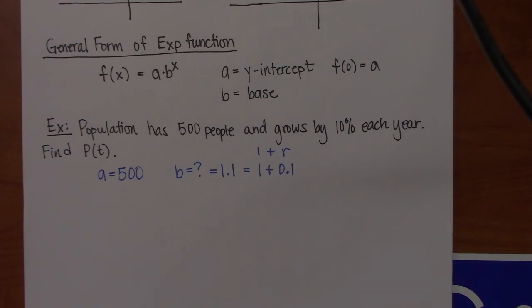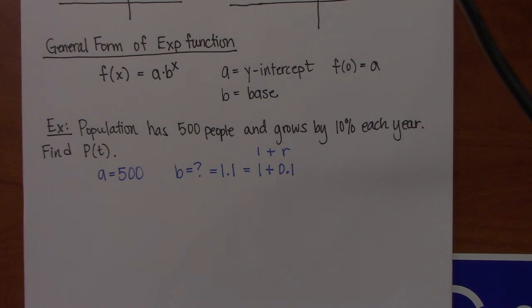And the other reason we have to make sure we add these numbers together is, let's say 10% of 500 is 50, right? So that means in year 2, there should be 550 people in this town. Well, in year 3, if it's growing by an additional 10%, it's 10% of 550. It's not just adding a flat 50 people every year. If it was just adding 50 people every year, then we'd have a line, 50 people per year, and that would be linear.